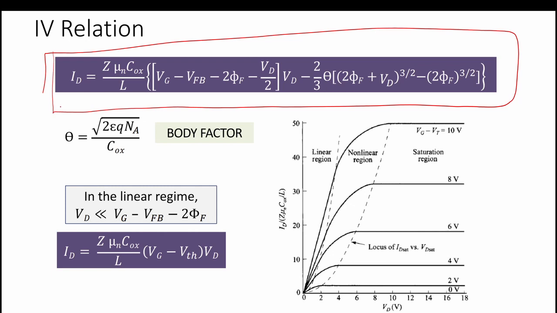This is the Id-V relation, the IV characteristics. And this theta is the body factor, equal to square root of twice epsilon q Na divided by Cox, and it depends on the doping concentration Na and oxide capacitance.